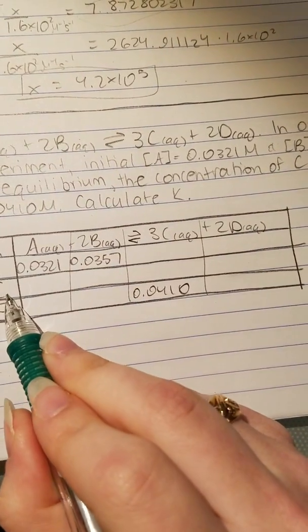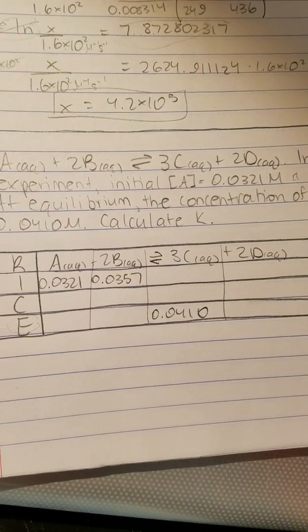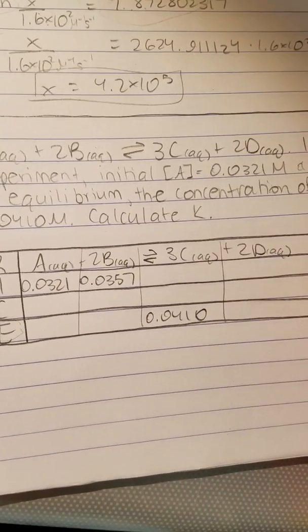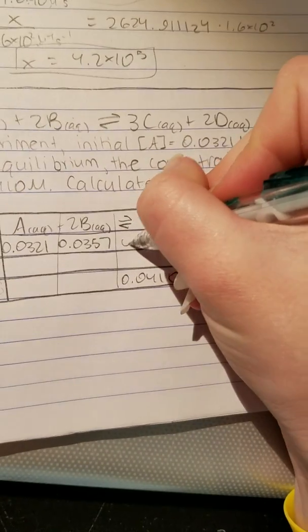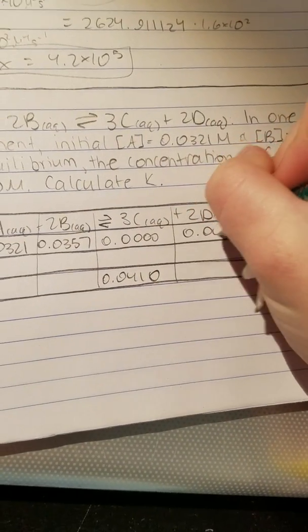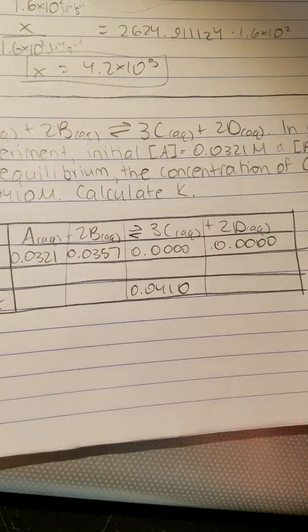The change we have to calculate, and then this is our goal. If you think logically, there are no products initially, right? Because you're trying to create them. So you could just fill in that these are 0.000. These are 0 because these have to react to form these, so these are at 0.